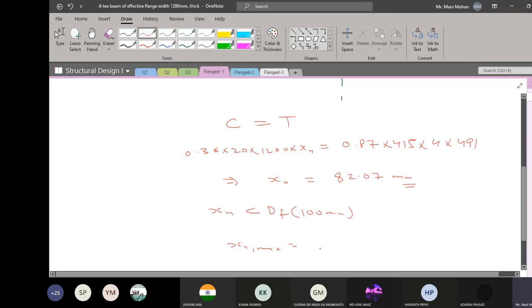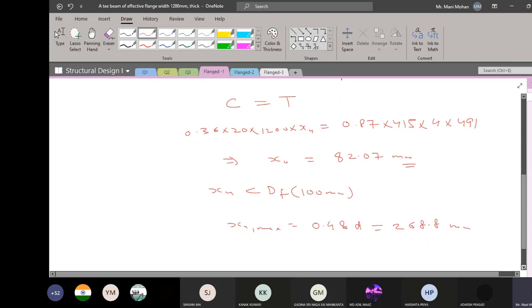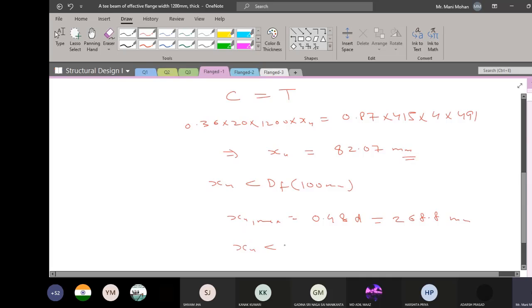268.8. Okay, 268.8, yes. So how are you actually getting that? 0.48 into D. Yes, right. 0.48 times effective depth D, right. So 0.48 into effective depth, which was 560, gives 268.8. So here also I can see your XU is less than XU max. So our assumption is correct, I can see XU is less than XU max.